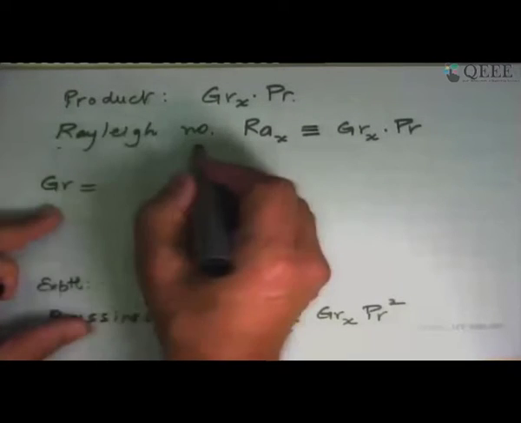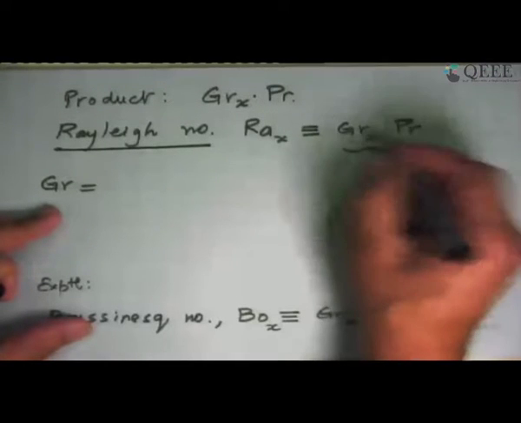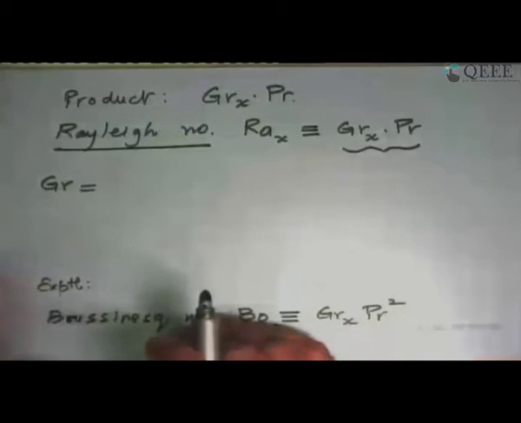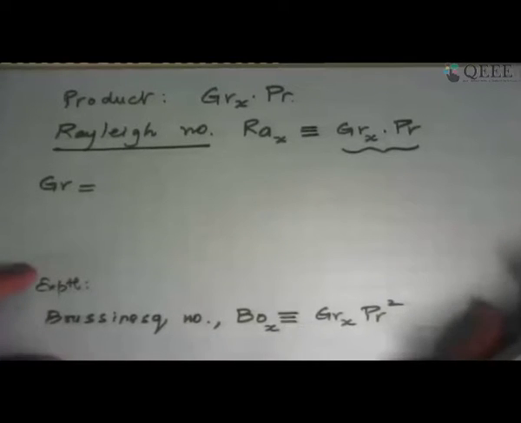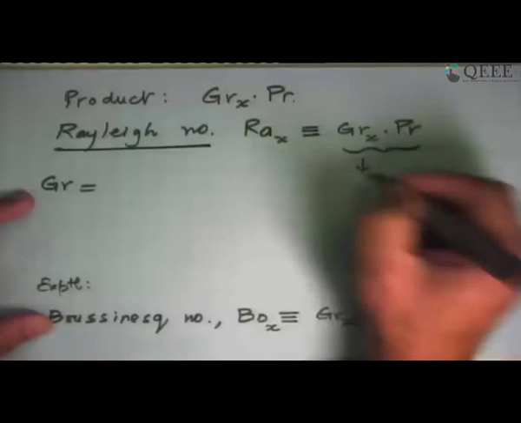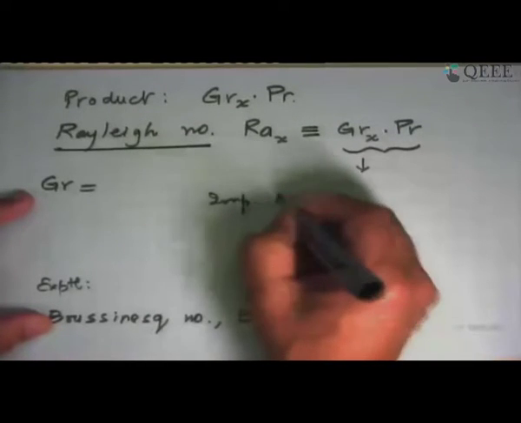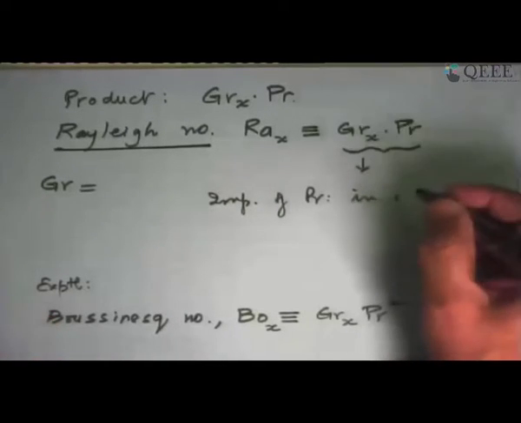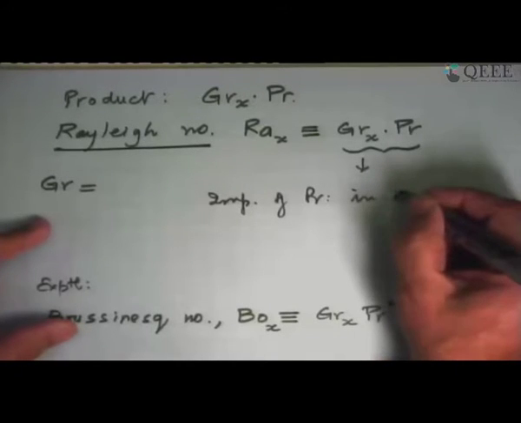And so we have defined a new number, which is the Rayleigh number, Rax, as the product of Grashof number into Prandtl number. Okay, so that's what we get. Actually, what we are doing is trying to capture the importance of Prandtl number in that equation, in the momentum equation or the energy equation, if you want to look at it, and in some sense in the solution.